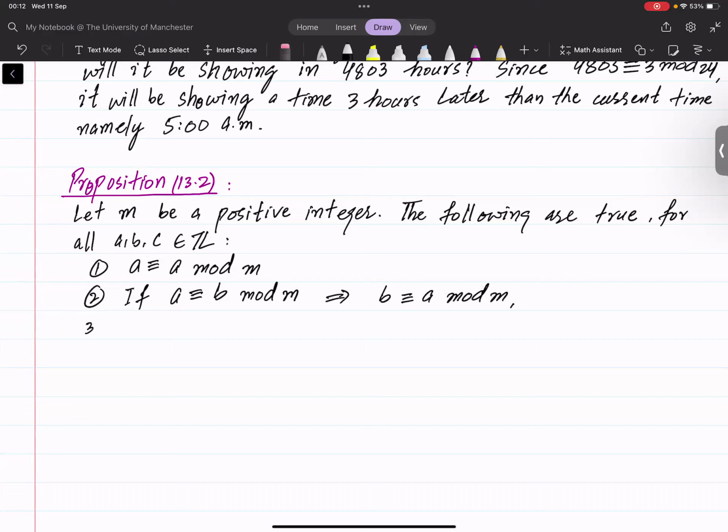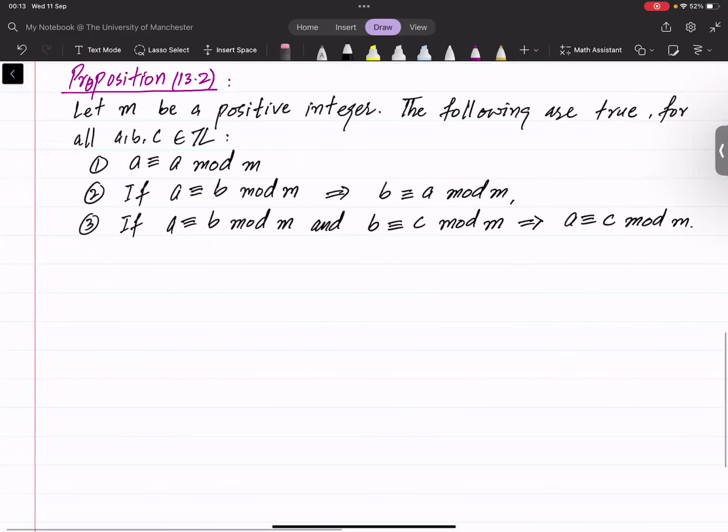Number 3 is if a is congruent to b mod m and b is congruent to c mod m, then a is congruent to c mod m. Perfect. We can prove this proposition.